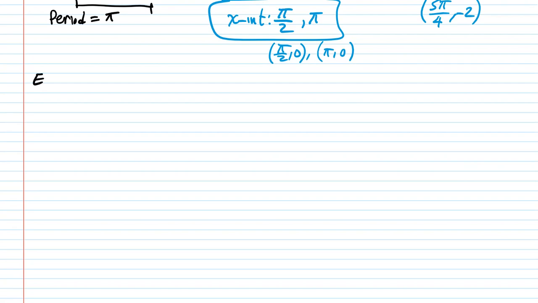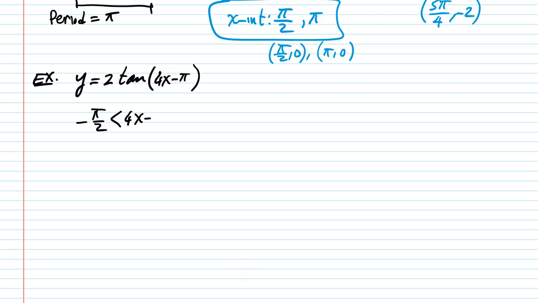Let's finish this chapter and this section with 2 tangent of 4x minus pi. Okay, let's take a look at this one. Now remember, for tangent, I set them up between starting and ending points of the asymptotes, right? 4x minus pi, and this is pi over 2.